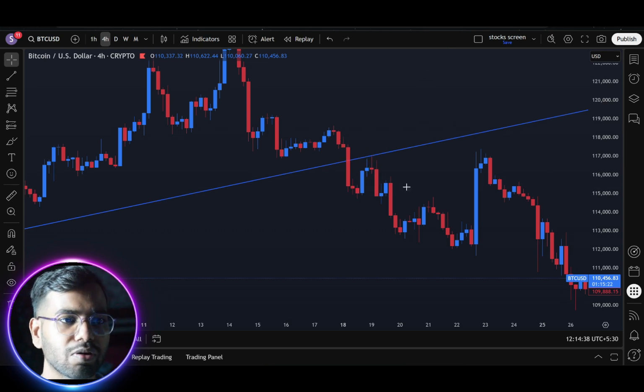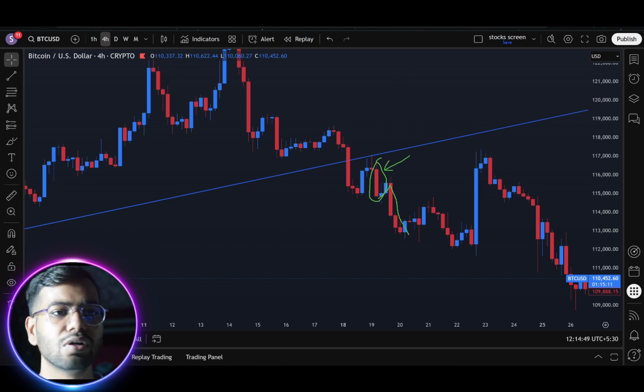So at this 9:30 a.m. candle of 19th of August, I decided to sell another call option, and I made money in this as the market moved into the negative direction. This was the reason for taking that particular trade.